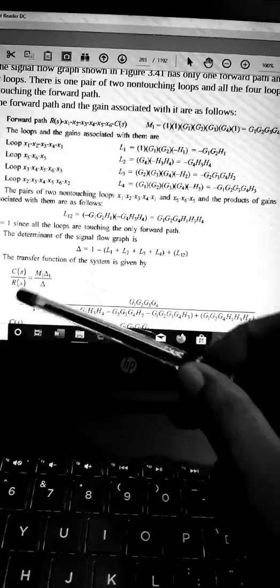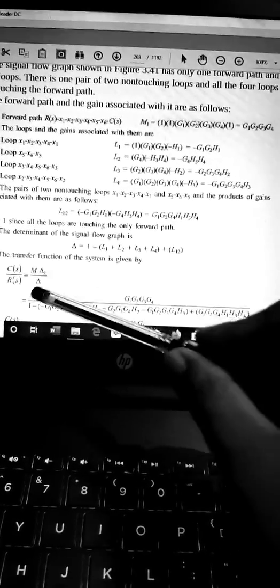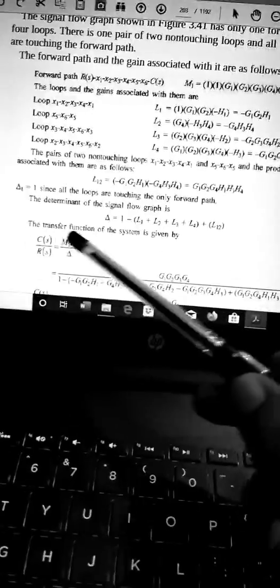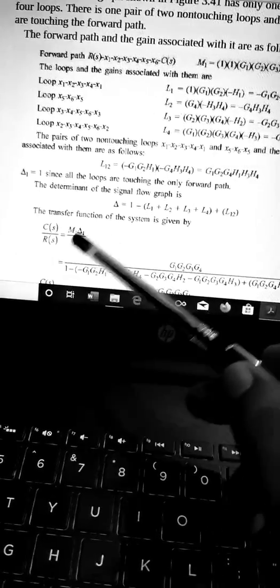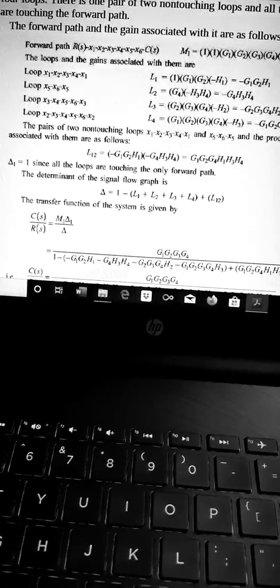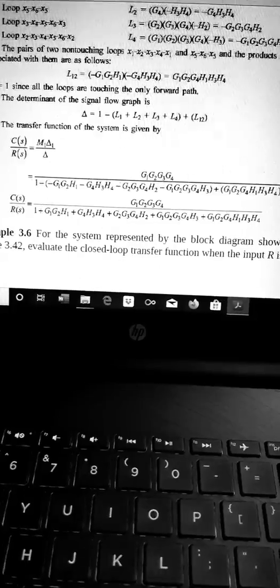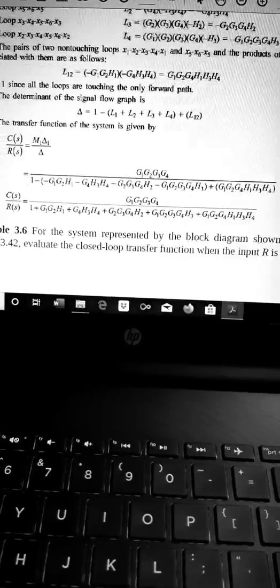Now you know that C by R is M1 into delta 1 by delta. Since there is only one forward path, you are getting this M1 delta 1 by delta. So you are getting the answer like this. Substituting the answer. So I am stopping here.